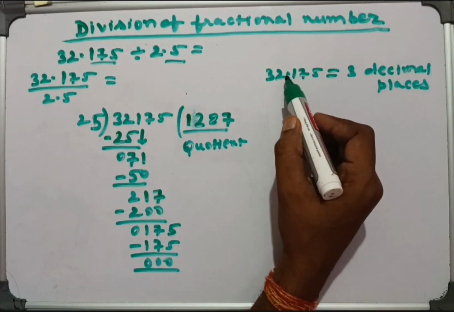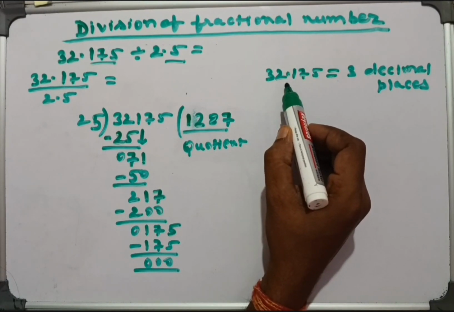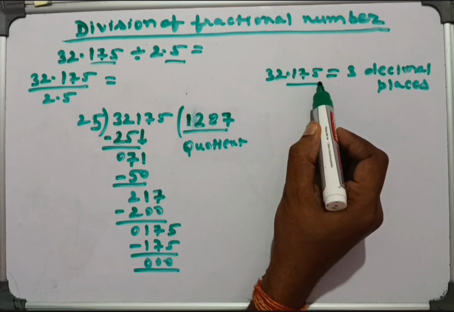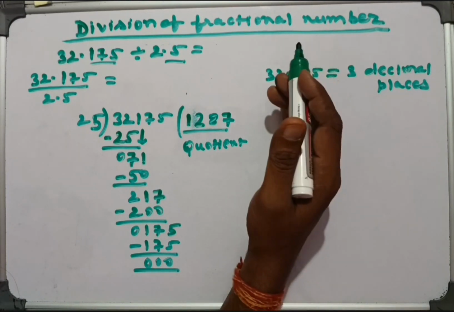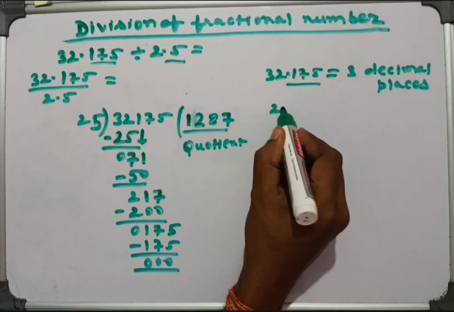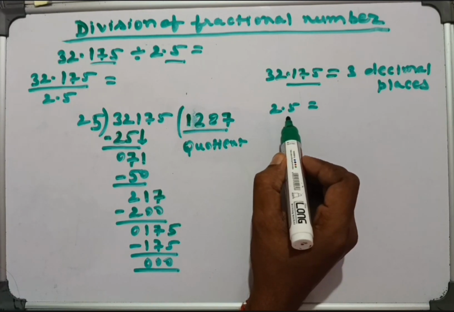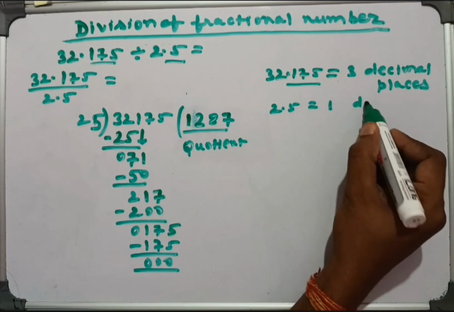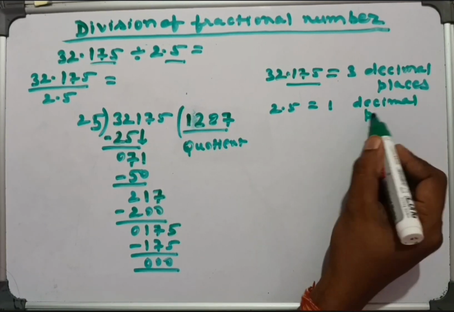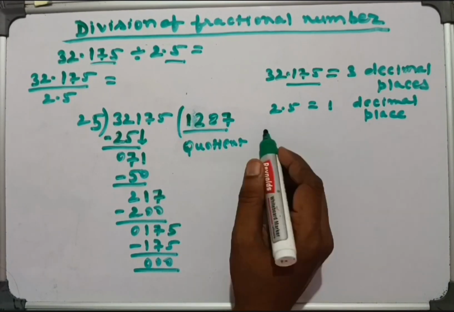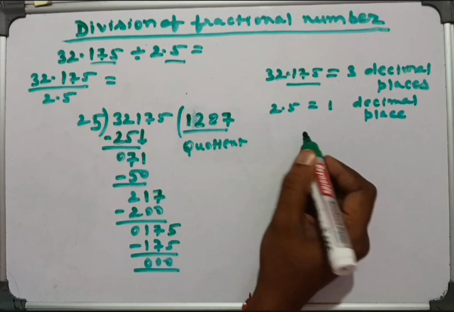Decimal places means the number of digits after the dot point, or you can say to the right of the dot point. Now for 2.5, the number of decimal places is 1. Now you have to remember this formula.